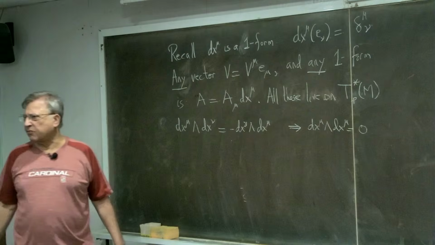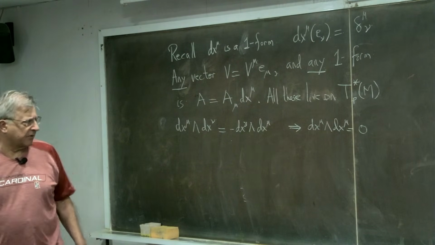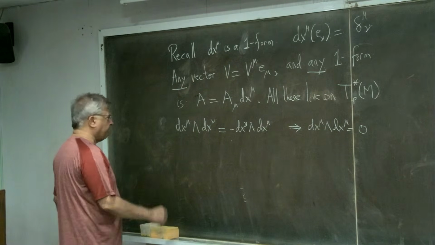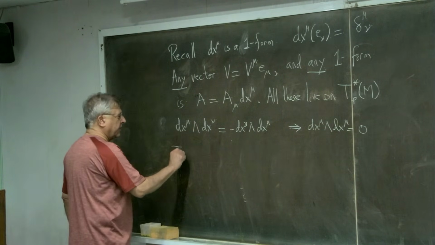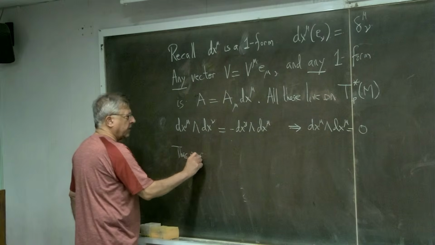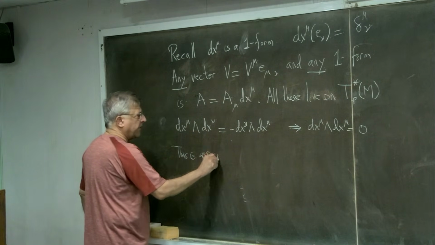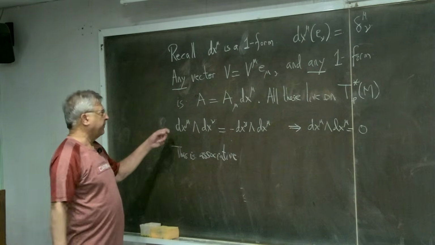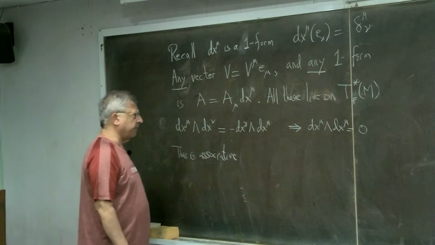Because if something is equal to minus itself, it's got to be 0. Fine.